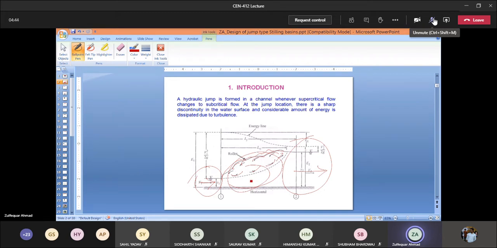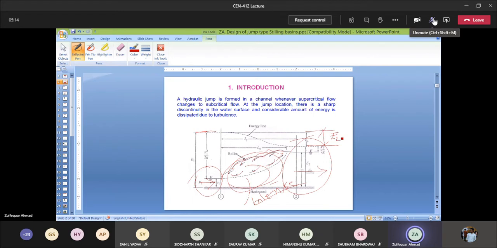Now if you have more intense turbulence, it means you have more dissipation of the energy, right? So if you see in terms of the energy, this one is the energy level in the upstream, and this one is the energy level in the downstream. So your loss in this case is EL, right?